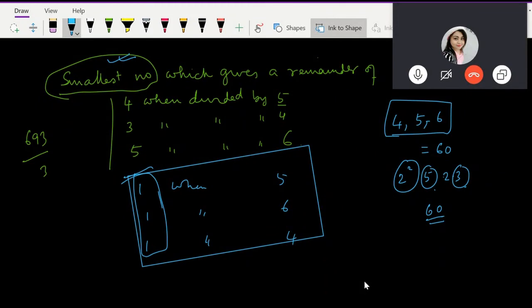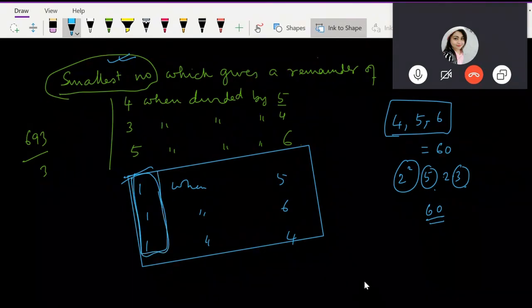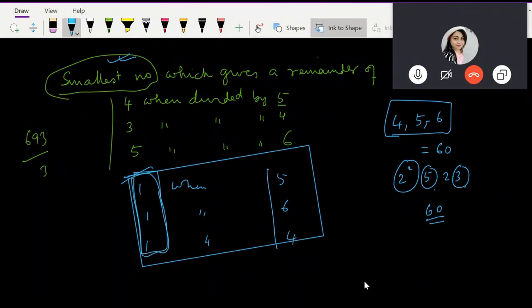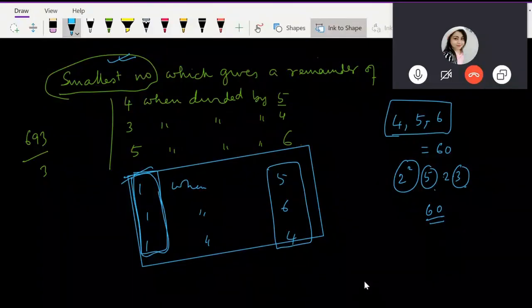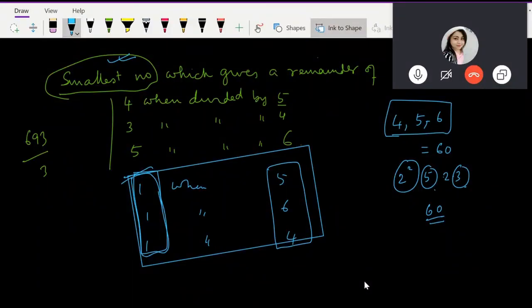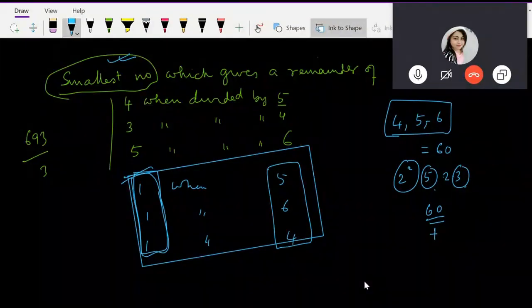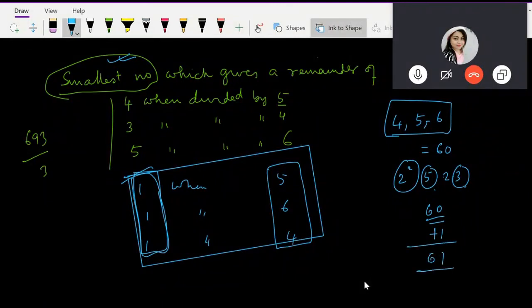Now, what is the smallest number which will give 1 as remainder for all these numbers? So that will be 60 plus 1. 61 divided by 5 is remainder 1, by 6 is remainder 1, by 4 is remainder 1.